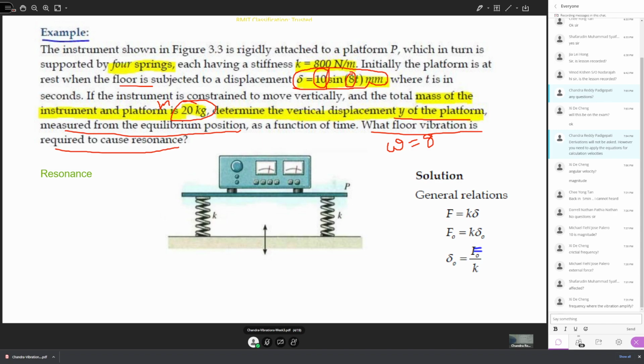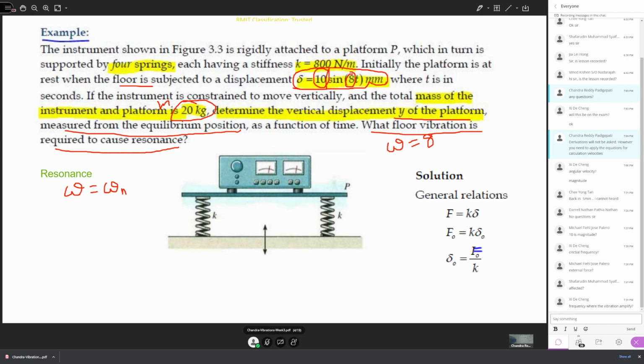Okay, there are 2 frequencies. Frequency where the vibration amplifies, that's correct, Richeng, but I need it clearer. There are 2 frequencies here. Omega is the frequency of the force. When this frequency of the force equals the natural frequency, the 2 frequencies match, and the amplitude of the vibration increases to a maximum.